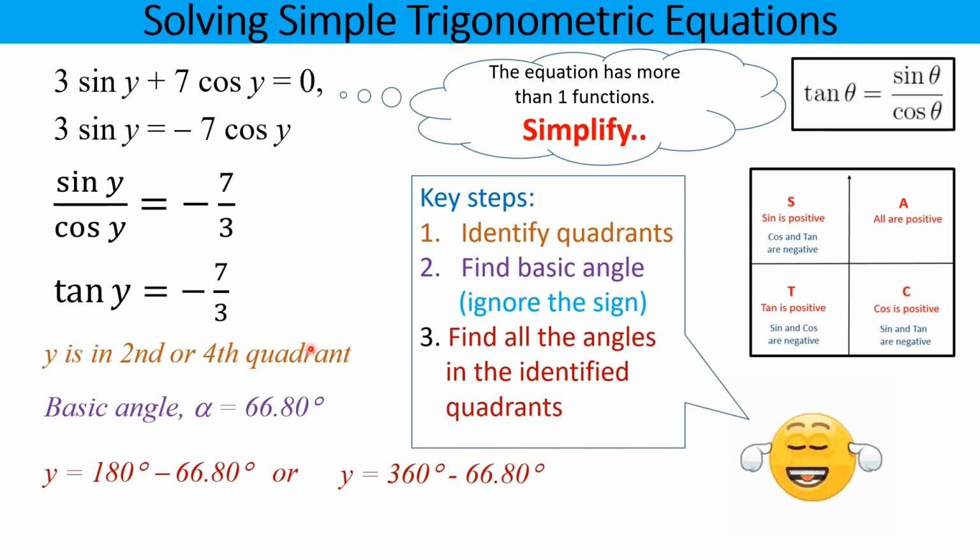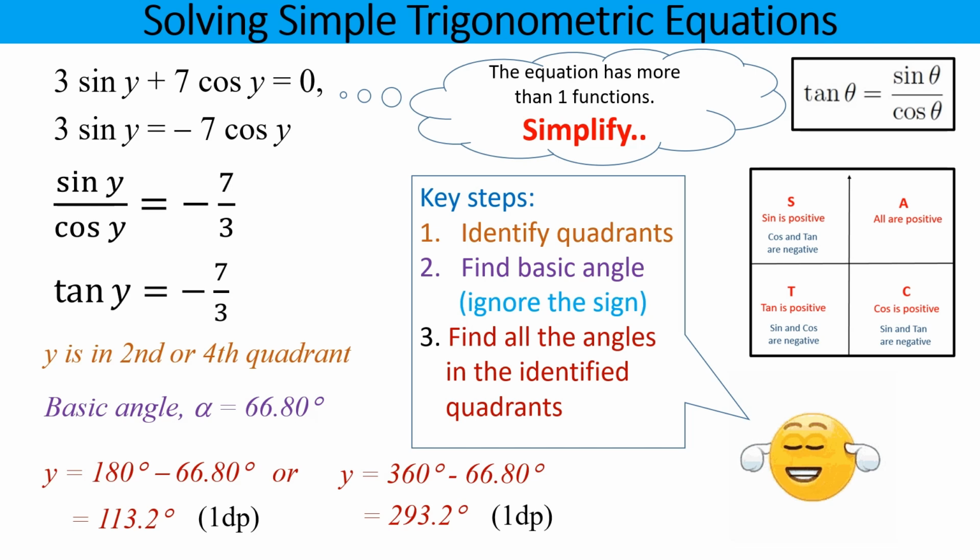So we get the final answers, which are 113.2 degrees and 292.2 degrees. Do bear in mind that the final answers for angles are always rounded to 1 decimal place.